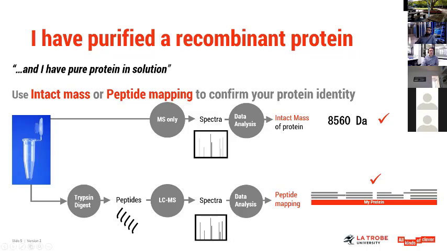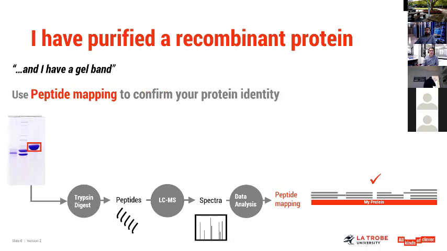Or you can go through the peptide mapping route and confirm your protein's identity that way, by mapping peptides to the predicted sequence. Whereas if you just have a gel band, maybe you've run it out and it's not particularly pure, so you use SDS-PAGE, in that case you can't do the intact mass. So if you've got a gel band, we'll just run peptide mapping for you to confirm the protein identity.